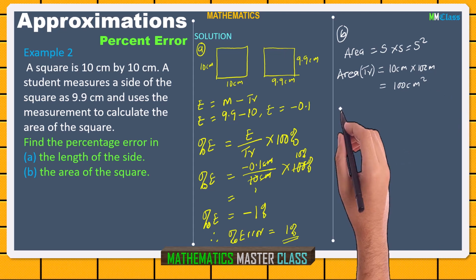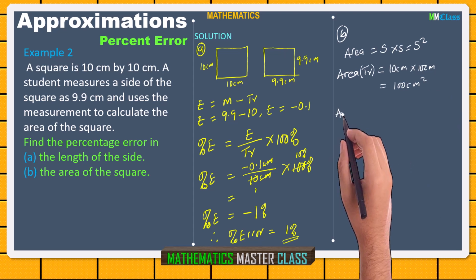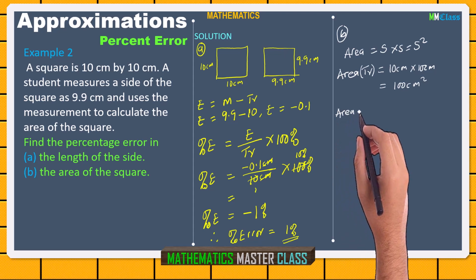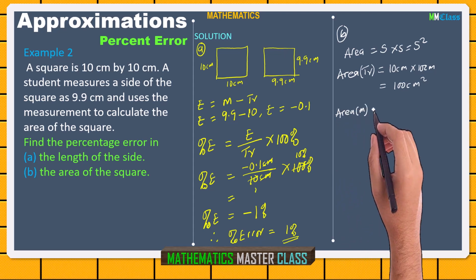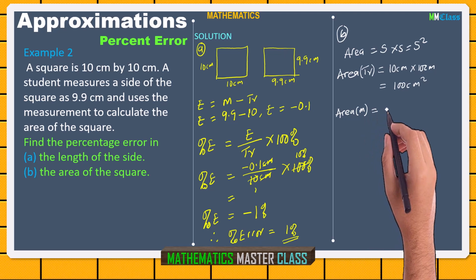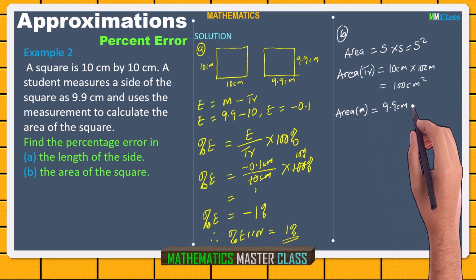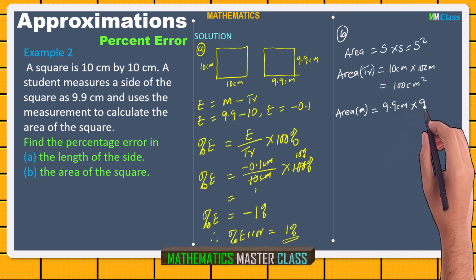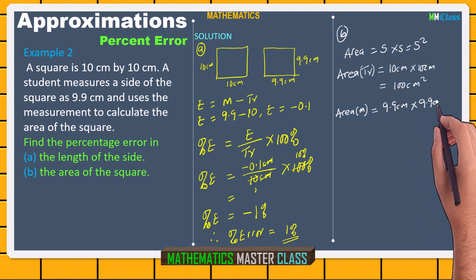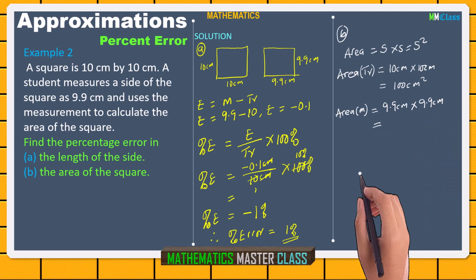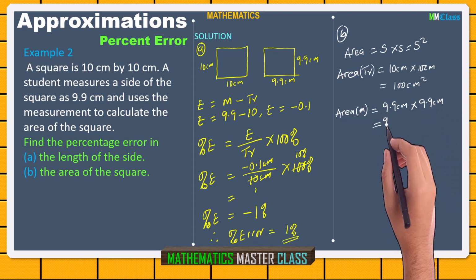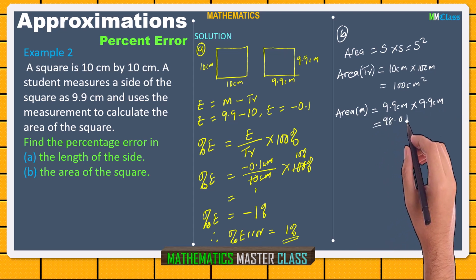And the area of the measured shape will be equal to 9.9 centimeters times 9.9 centimeters. So that will give us 98.01.